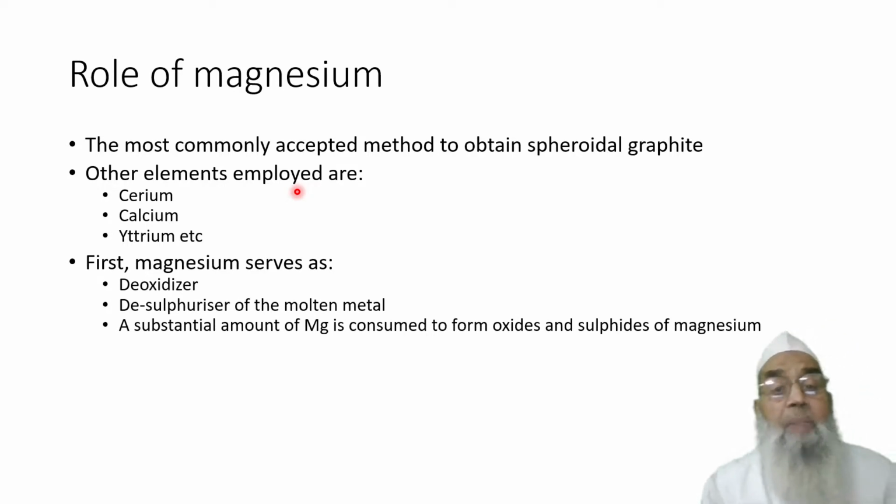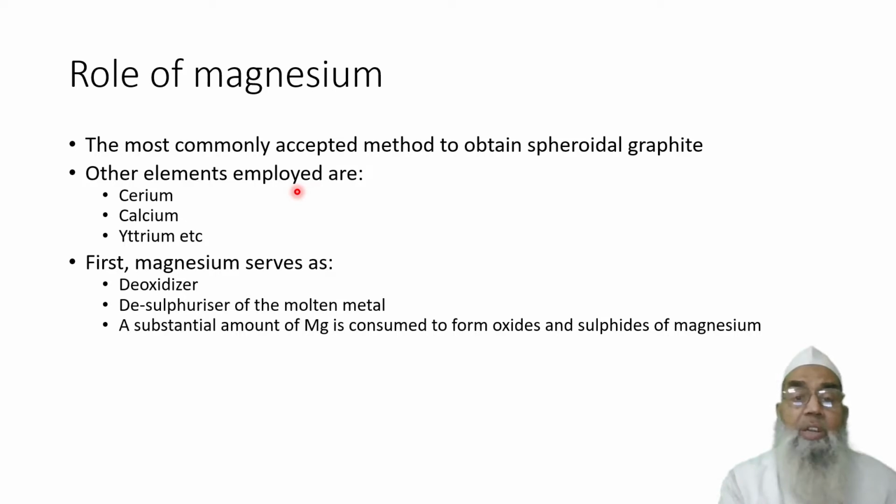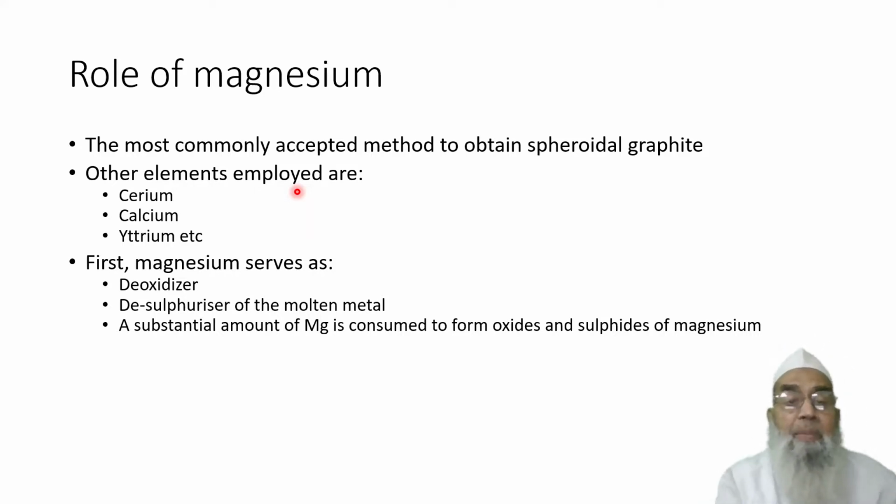First, magnesium serves as a deoxidizer and also a desulfurizer of the molten metal. If the sulfur content is high, it first desulfurizes the molten metal, and a substantial amount of magnesium is consumed to form oxides and sulfides of magnesium.